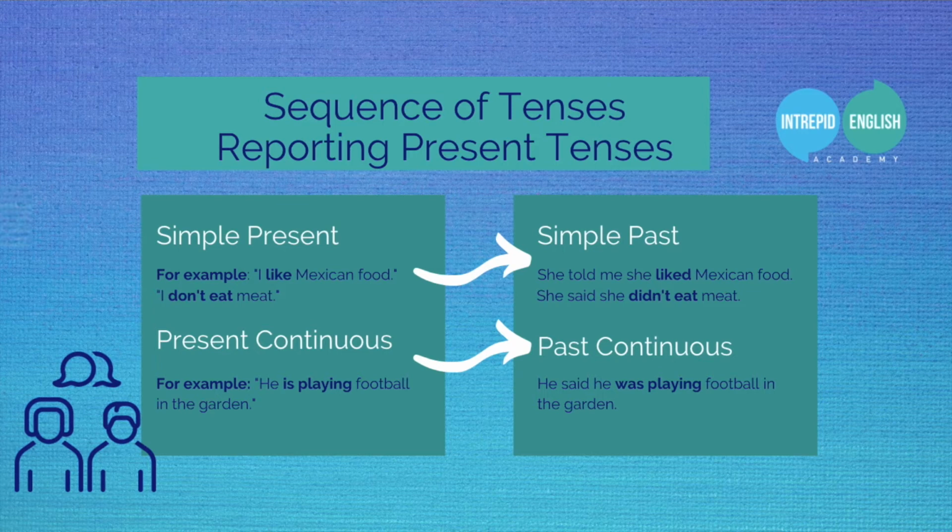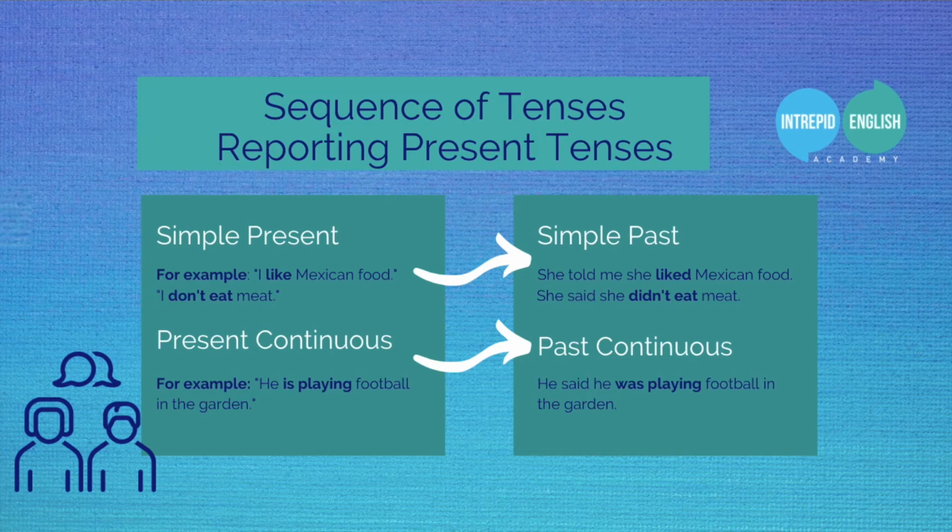Okay? For example, if Bob and Mary were having a discussion and Bob told Mary, I don't eat meat. I could tell somebody the next day, Bob said he didn't eat meat. Or I could say, Bob said he doesn't eat meat. So the verb is conjugated because now I'm talking about he rather than I, but it's not in the past form because it's still true.